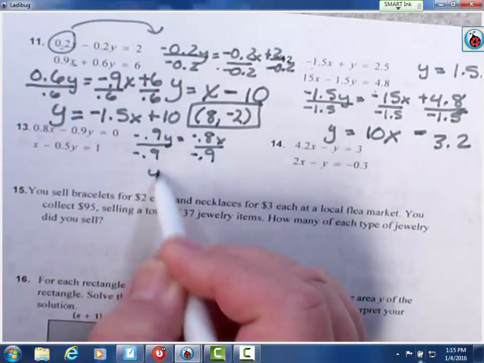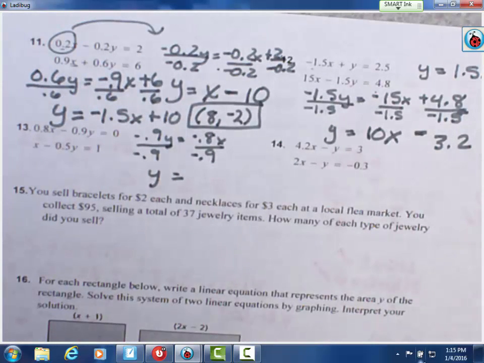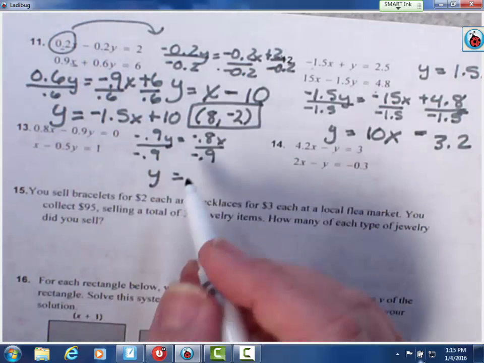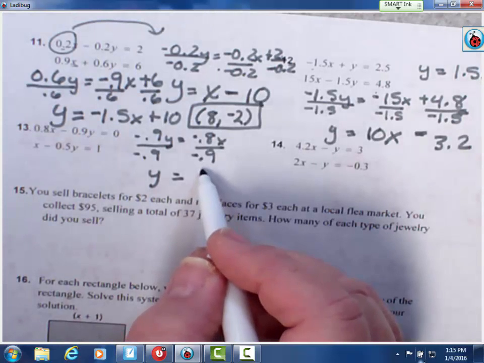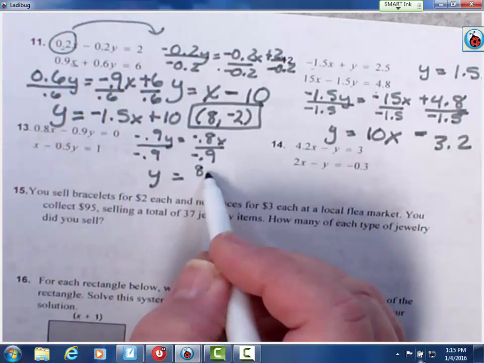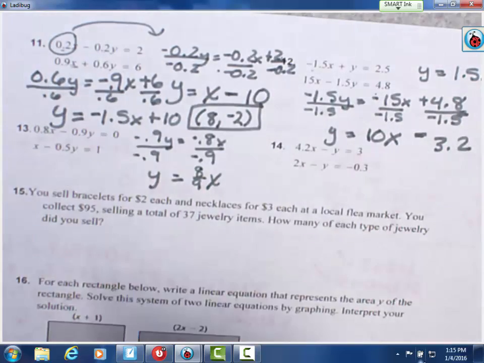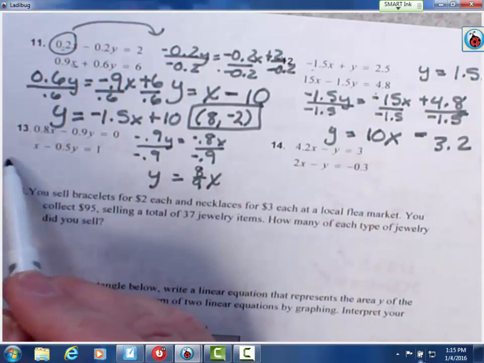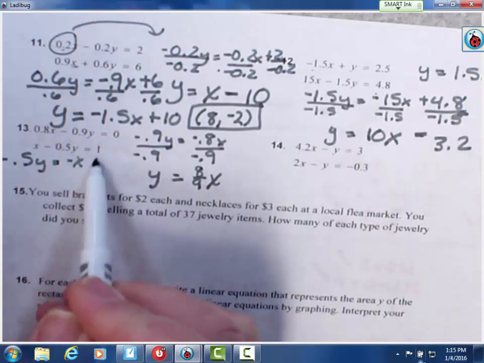I'll get that y equals, it appears to be 0.8 repeating, so we're just going to leave that as 8/9 x.